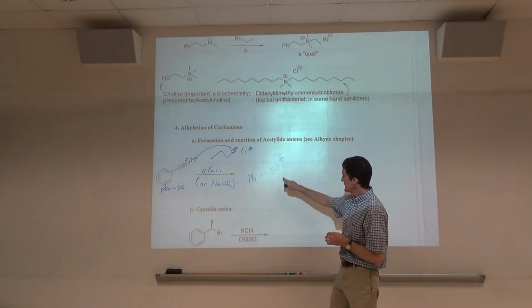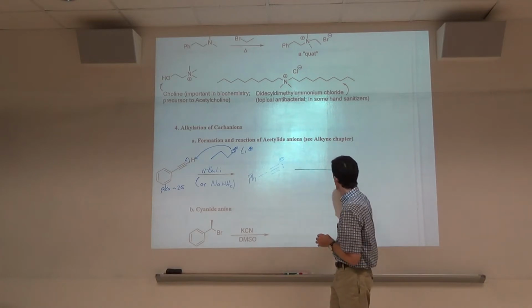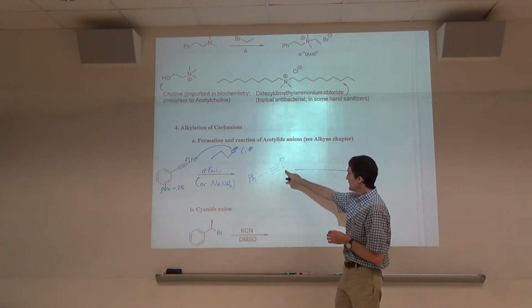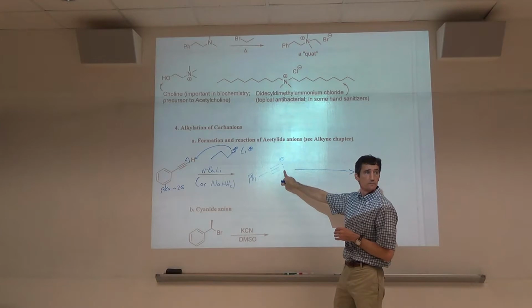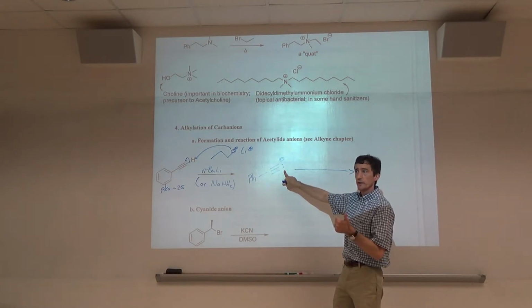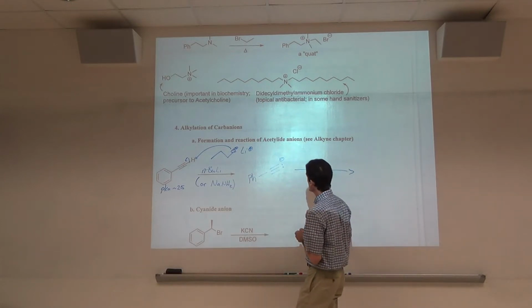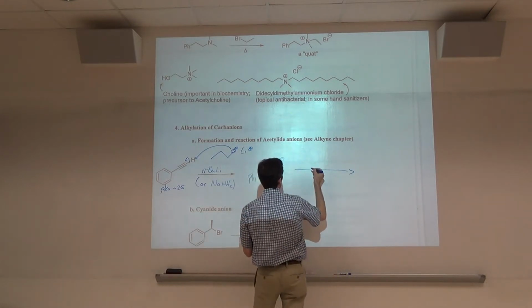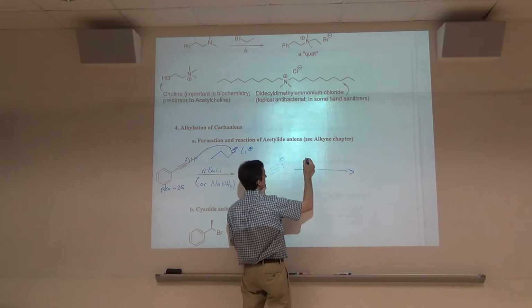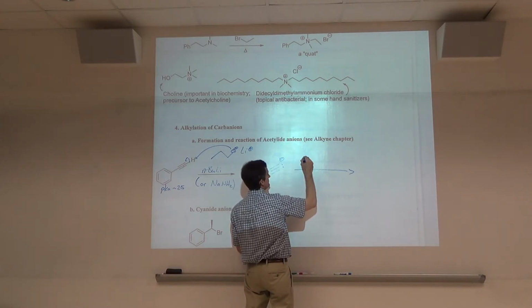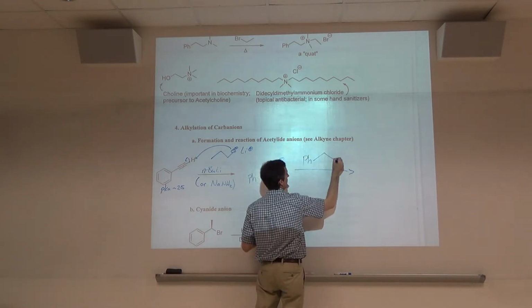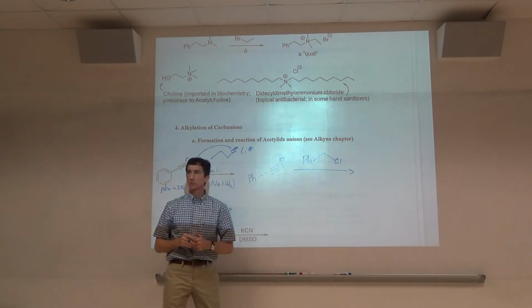But now that we have the carbanion, now we have a good nucleophile. It has a lone pair, has an anion, good nucleophile. Now we can throw in a carbon with a leaving group, maybe benzyl chloride.